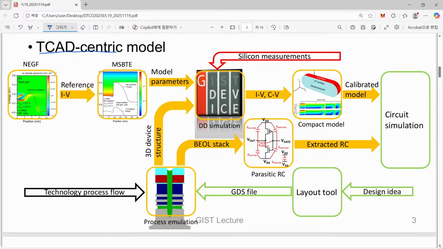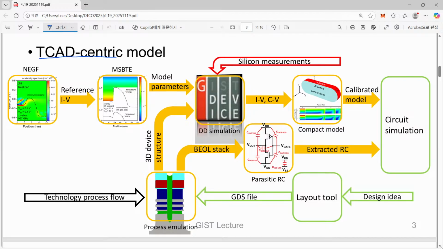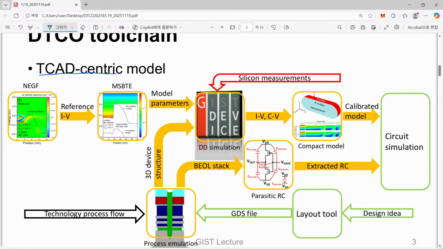And they say that I'm doing the DTCO. Also, other process engineers are saying that I'm doing the design technology co-optimization by changing something. So there are many different flavors of this DTCO, but this is more related with the TCAD-centric view.